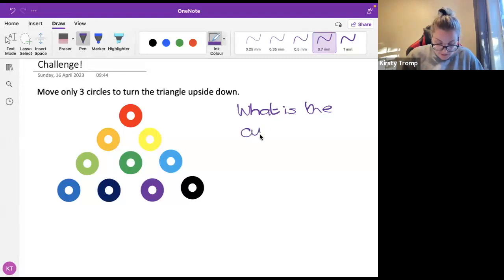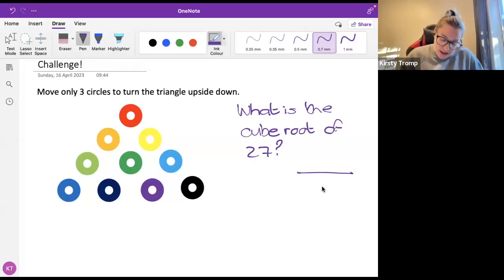The cube root of 27, and what that means is we're asking ourselves, what number goes into 27 3 times? What exact same number goes into 27 3 times? What's really nice about 27 is we can climb the ladder like we did last week. The first prime number that goes into 27, very luckily for us, is 3. 27 divided by 3 will give us 9.